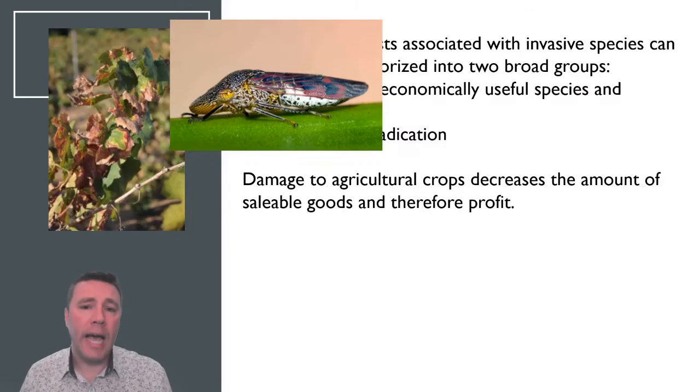Once those eggs hatch, they begin to feed on the leaves themselves, and then, once they become adults, they use their mouthpiece to puncture into the vines of the plants and suck out the nutritious material. So not only do they cause damage themselves, but they're also known to be a vector for a disease that attacks grapevines as well.